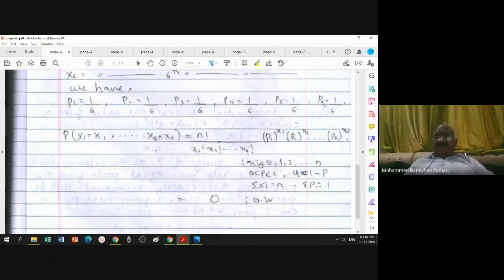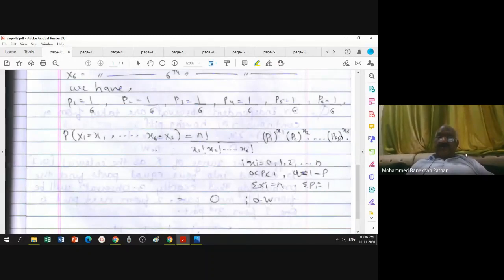Every variable begins from 0 to n, all probabilities are between 0 and 1, q is 1 minus p. Total of the variables should be n, total of probability should be 1. That is a condition on this function. If your x is not taking this type of range, the function will become 0, called otherwise.